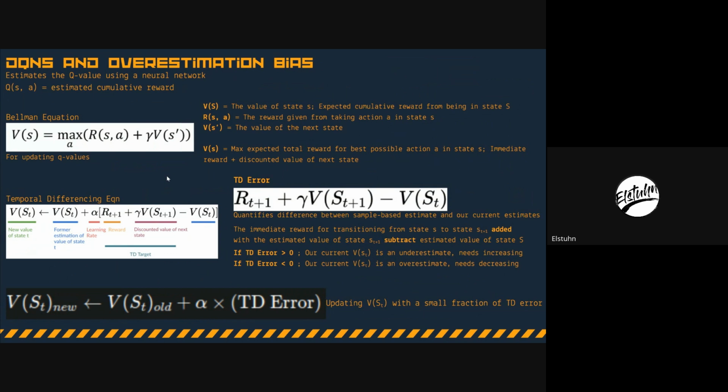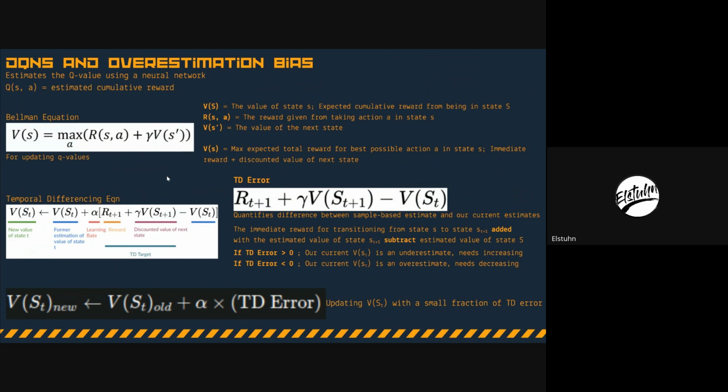So after understanding that part inside of the bracket, we essentially have this update function, which is equal to the temporal differencing equation. We just substitute whatever's inside the bracket with the TD error. So V(S_t) new means the updated value of this state.